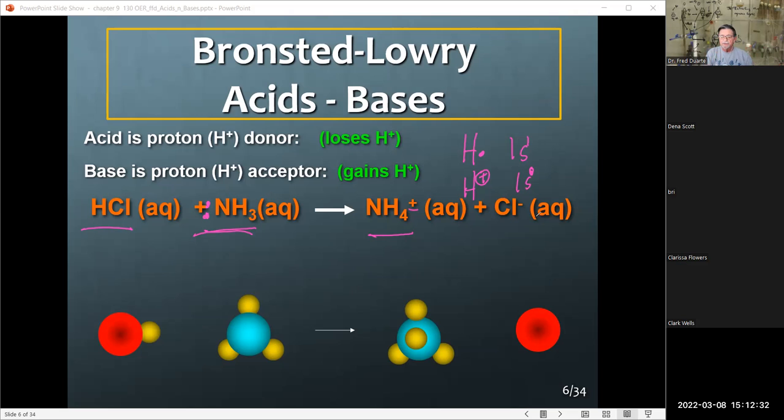Nevertheless, the bottom line is this: that proton has been neutralized by tying it up with the ammonia, forming ammonium, in this case, chloride. Just like the hydroxide neutralized the proton with respect to the Arrhenius definition, the ammonia neutralized the proton generator from hydrochloric acid in this example, and therefore neutralized the acid.